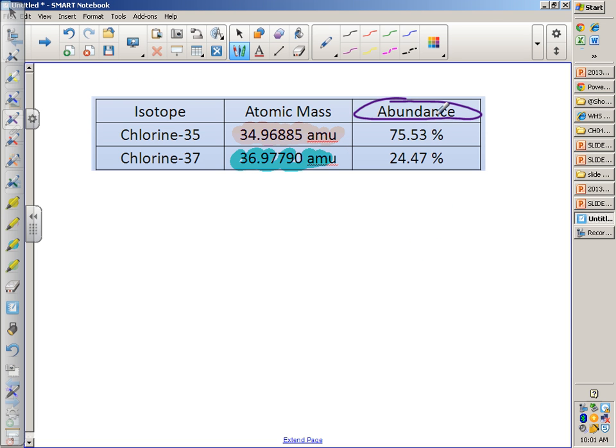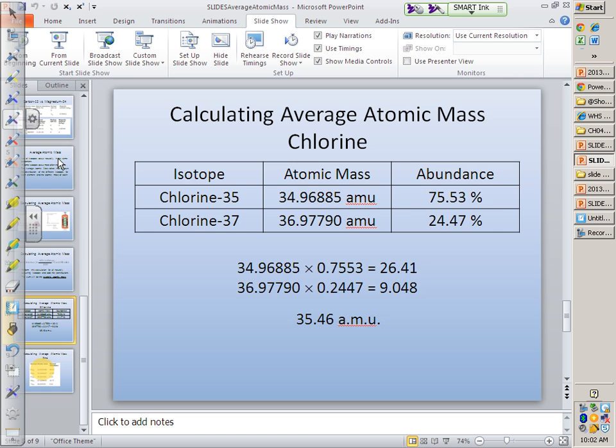And what we find out is that out there in the real world, about 75.53% of the atoms of chlorine that exist are chlorine-35, and close to 25% of them are chlorine-37. So we have to take that into account when we're calculating the average atomic mass. And this is how we do it.